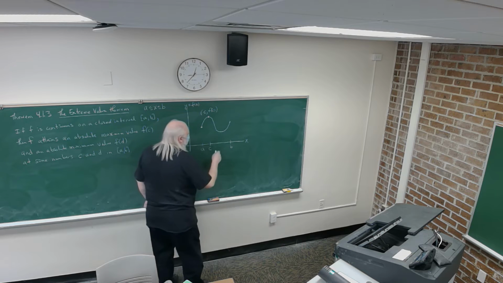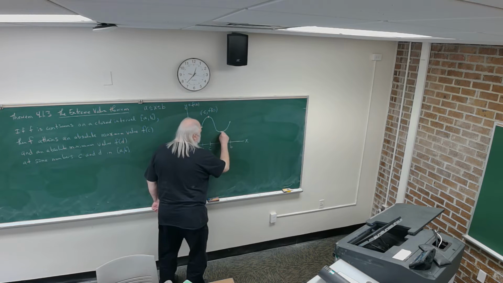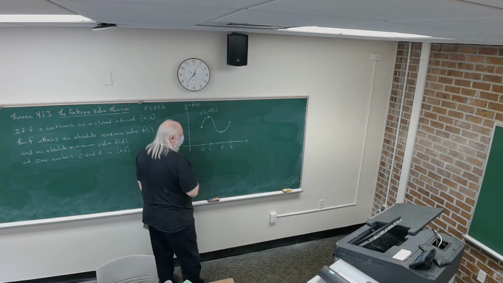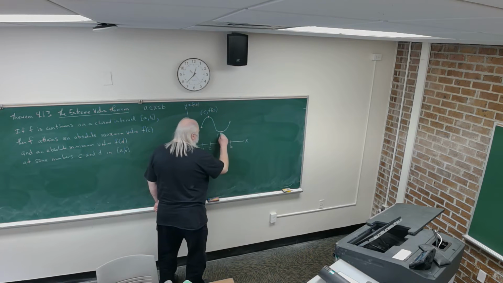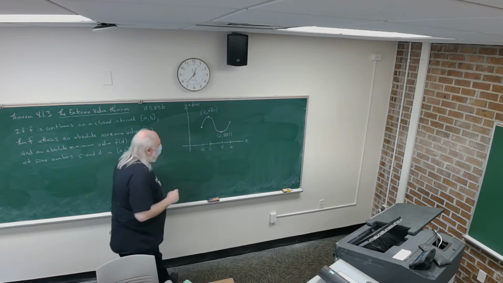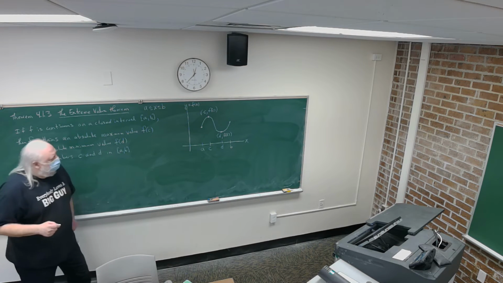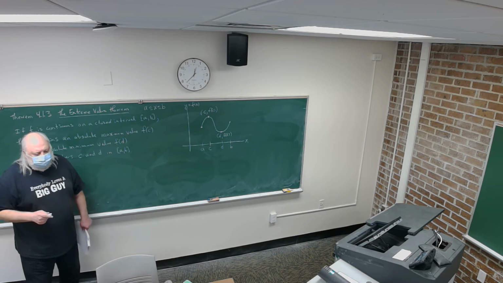And the lowest point on the graph occurs here. We'll say that occurs at x equals d, and the lowest point on the graph has coordinates d and f of d.